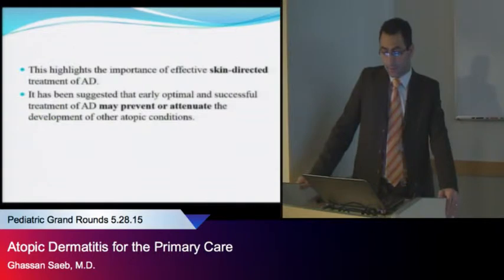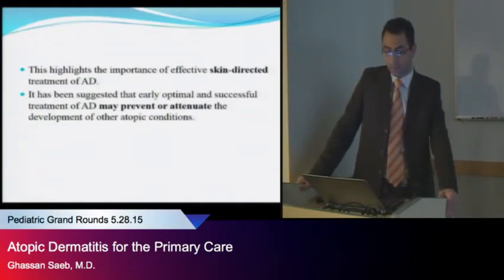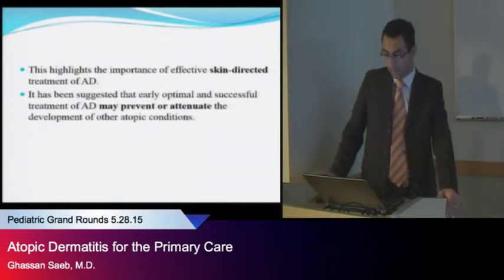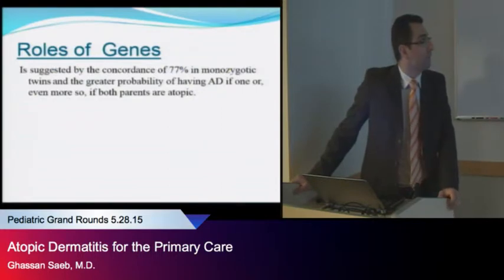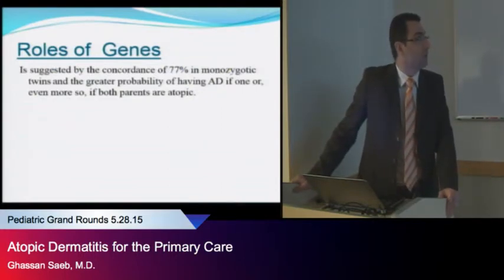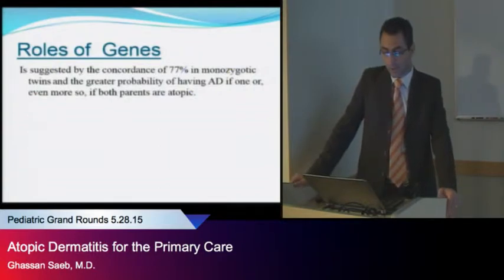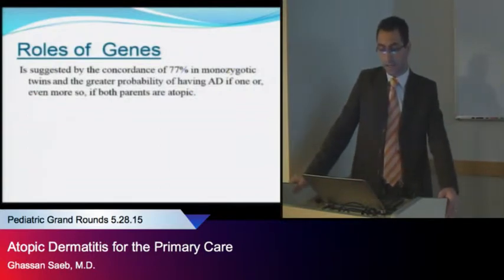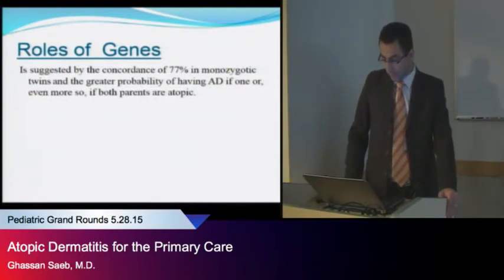It has been suggested that early optimal and successful treatment of AD may prevent or attenuate the development of atopic conditions. Roles of genes: this was suggested by a concordance of 77% in monozygotic twins and the greater probability of having AD if one, or even more so if both, parents are atopic.